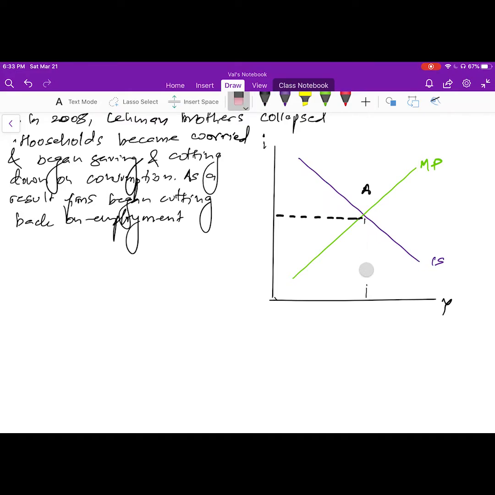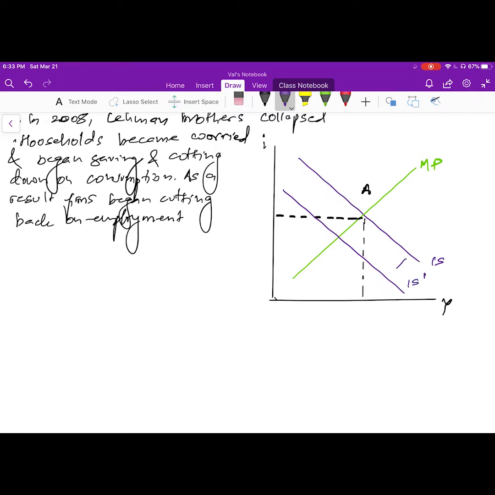And so once the financial crisis hit and the firms began cutting employment because people stopped buying things, the IS curve shifted to the left. We'll call it IS prime.